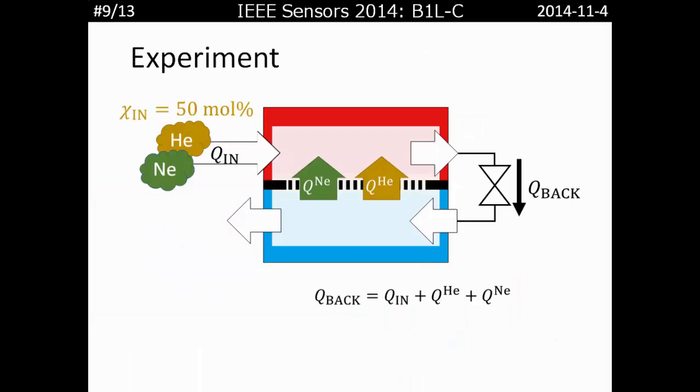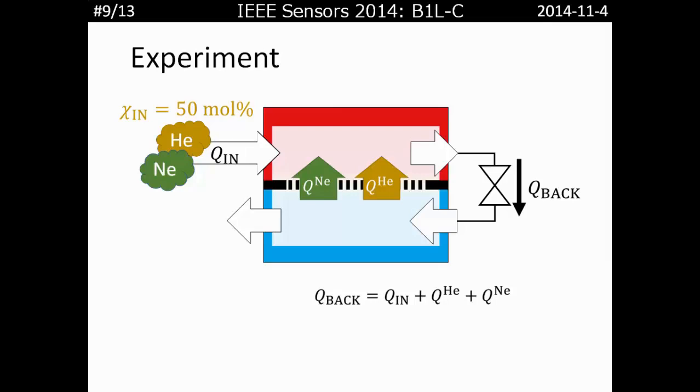Now we want to know whether the molecular exchange flow is possible or not. In this experiment, we introduce a mixture of helium and neon at the volumetric flow rate of Qn.